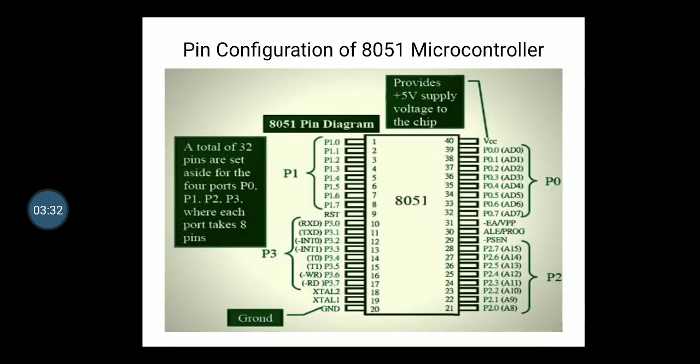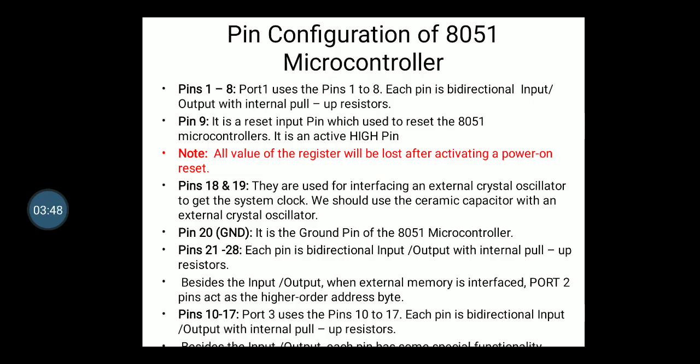RST means reset. What do you mean by reset? It means if you give 1 to that pin, all the functions will be reset and the memory will be cleared. The flags will also be cleared. All the values of the registers will be lost after activating a power on reset.